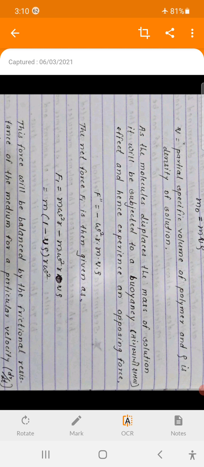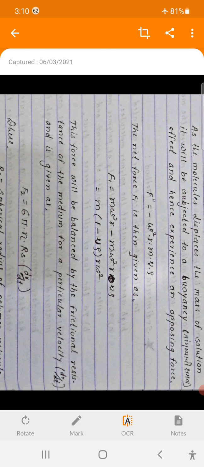Therefore, the net force F1 acting on that molecule is the centrifugal force minus the opposite force, that is buoyancy force, which is equal to m in bracket 1 minus mu into rho, into R omega square.